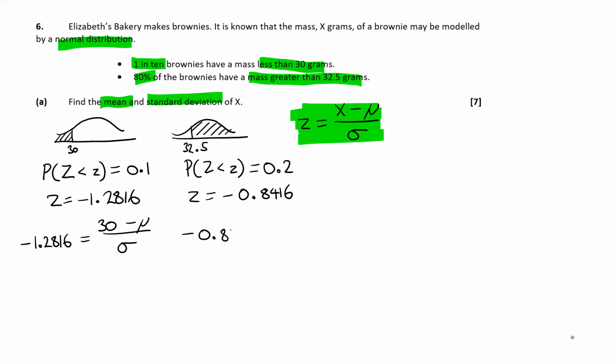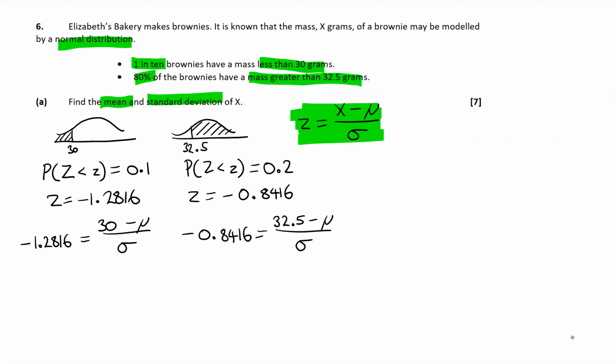Do a similar thing for the second part of this. And remember what this means. That Z is minus 0.8416. It means that the number 32.5 is 0.8416 standard deviations below the mean. Okay, so that's why I said you expect negatives in both of these.